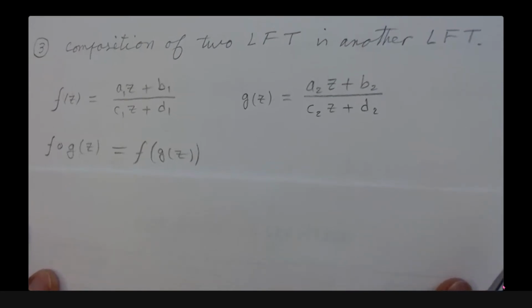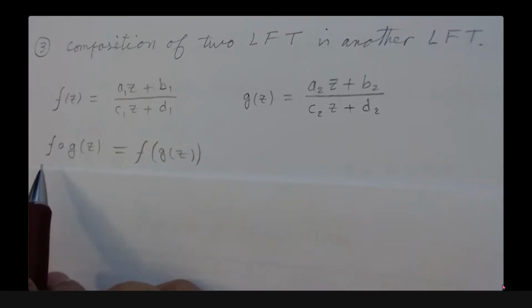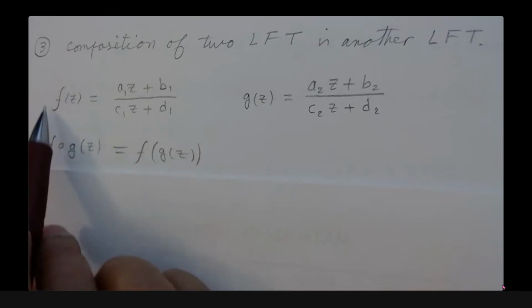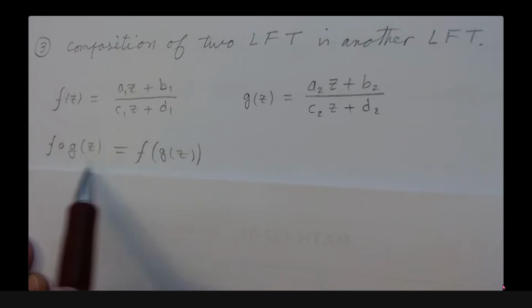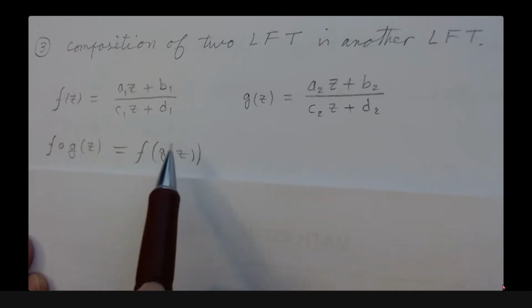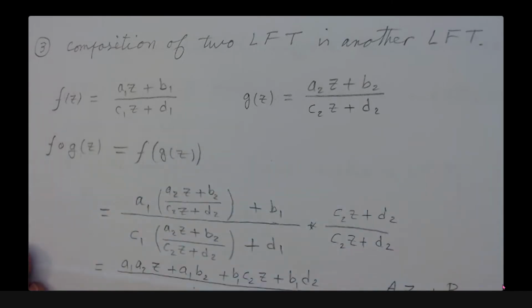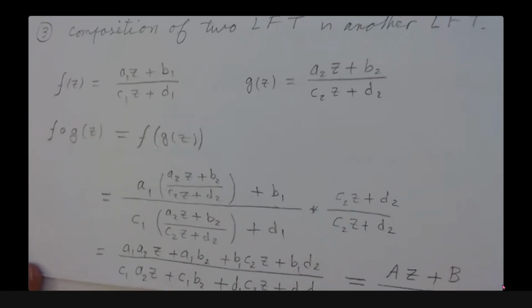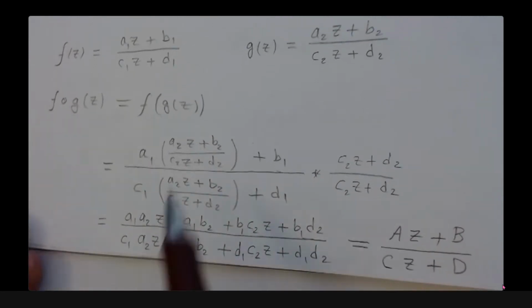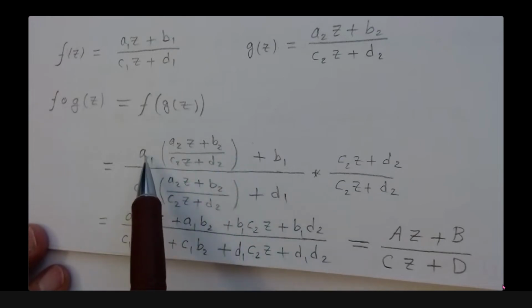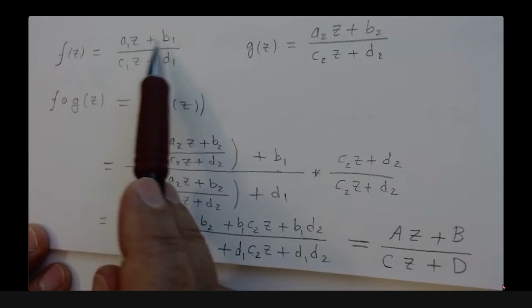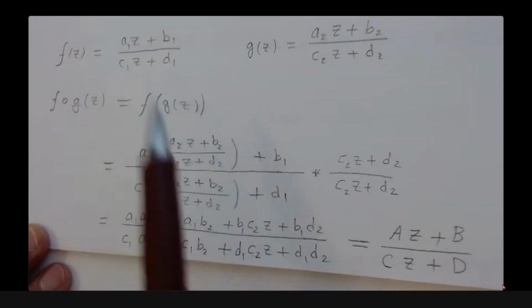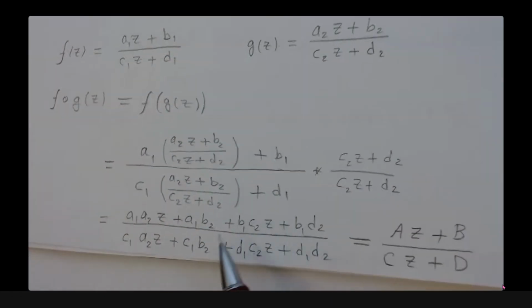So in f of z here, you replace z by g of z. And if you do that, this is what happens. This is g of z. A1 g of z plus b1, okay? C1 g of z plus d1. Now, let's simplify this.